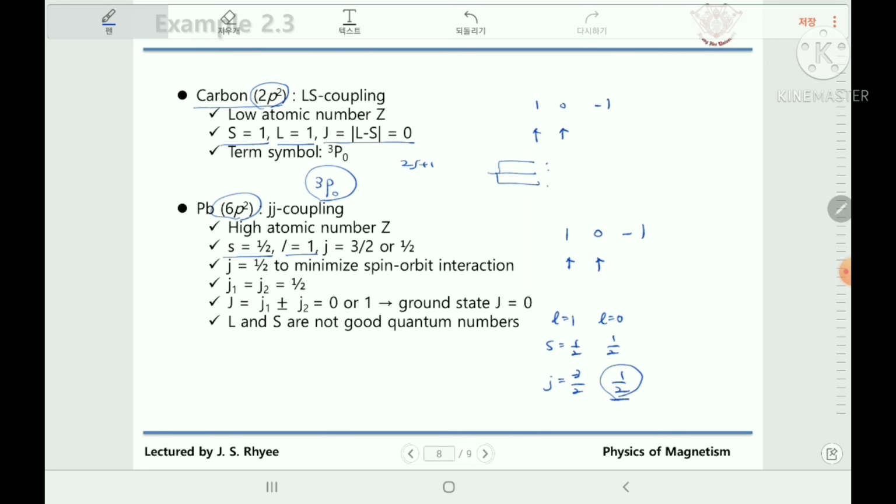Here they prefer J1, J2, for two electrons. They prefer to have the 1/2 value for the J value.